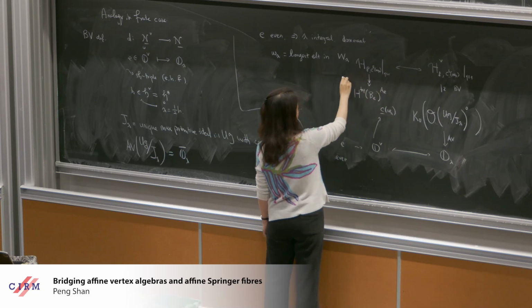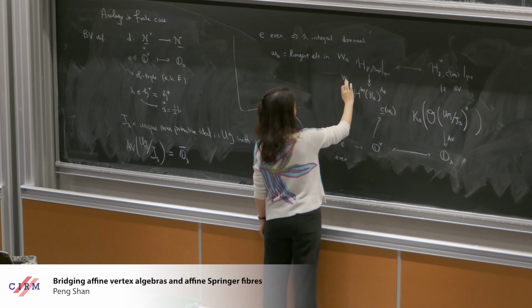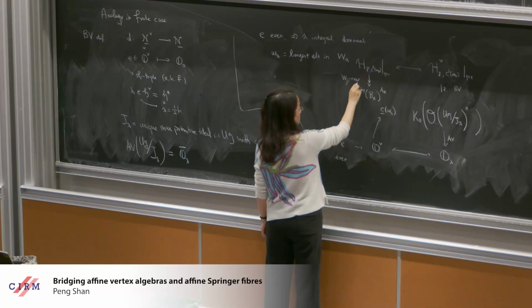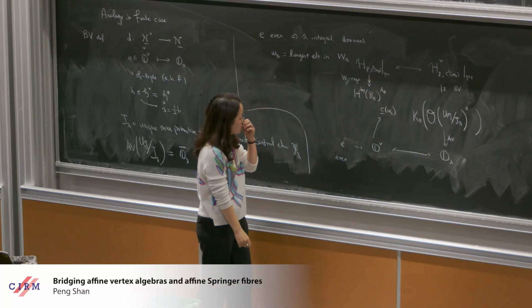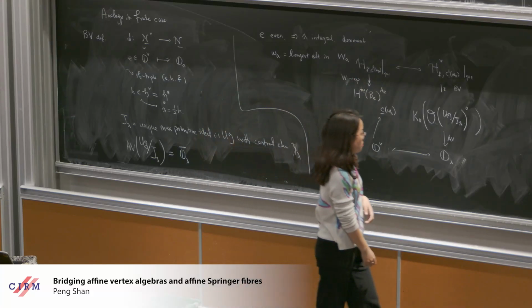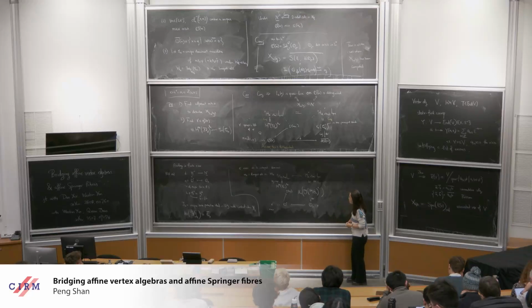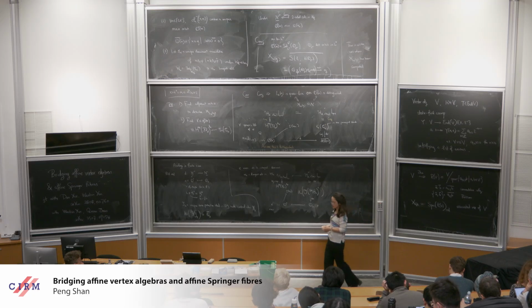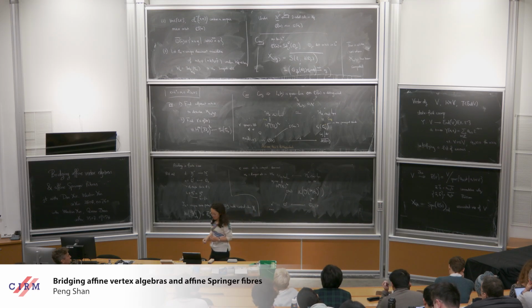So this is a quotient as a W representation. Okay. So what we propose is an analogous picture in the affine case, which helps to understand the representations of the affine vertex algebra. Okay, I stop here. Thank you.